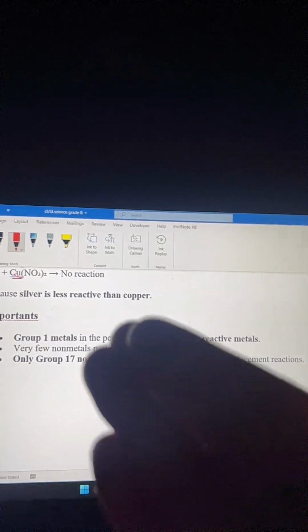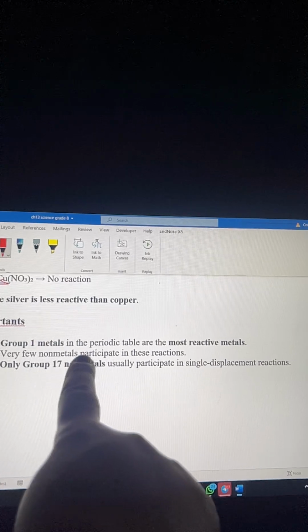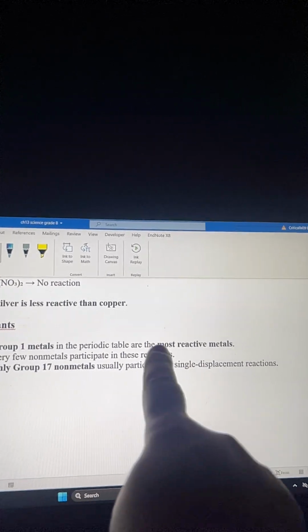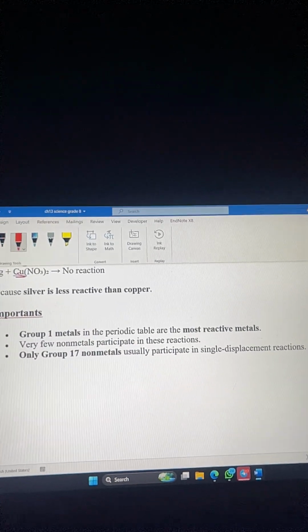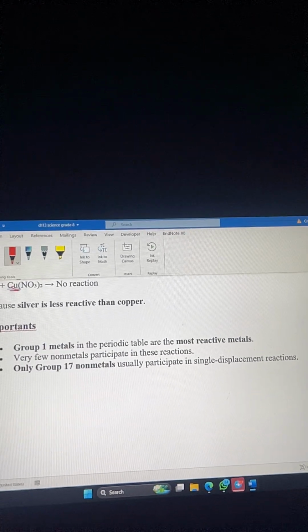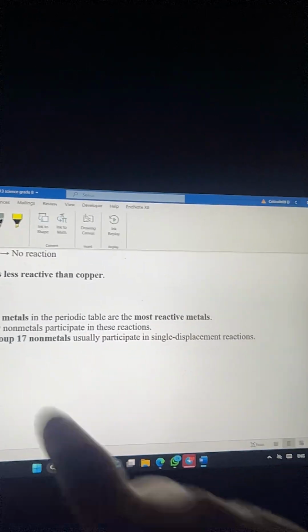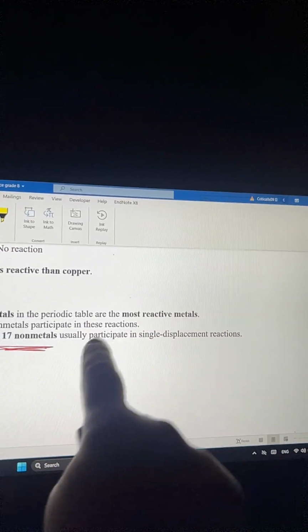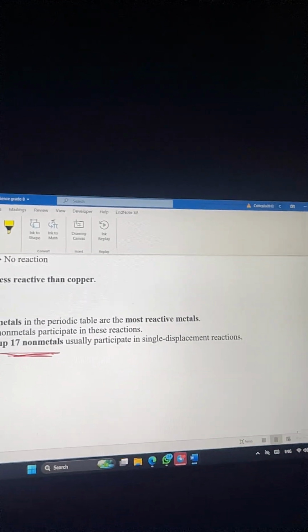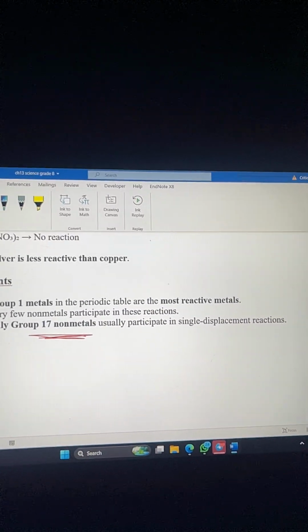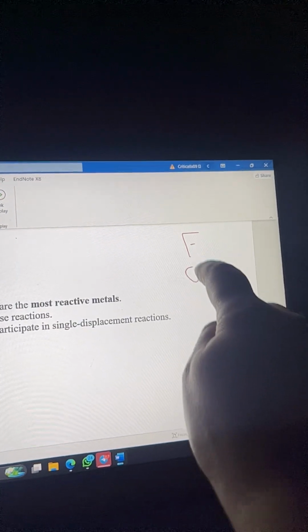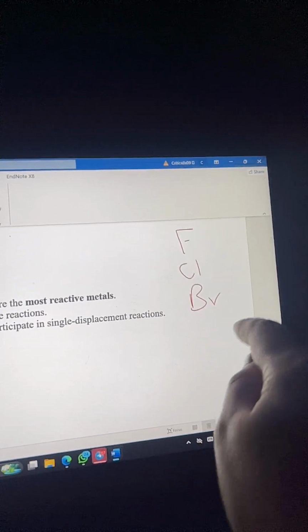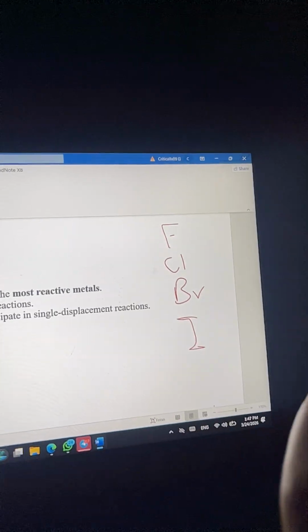Maybe I say group 2, so you should correct it to group 1. And very few non-metals participate in this reaction. Why? Because the non-metals are less reactive. Only group 17 non-metals usually participate in single displacement reaction. Group 17 is what? Fluorine, chlorine, bromine, and iodine.